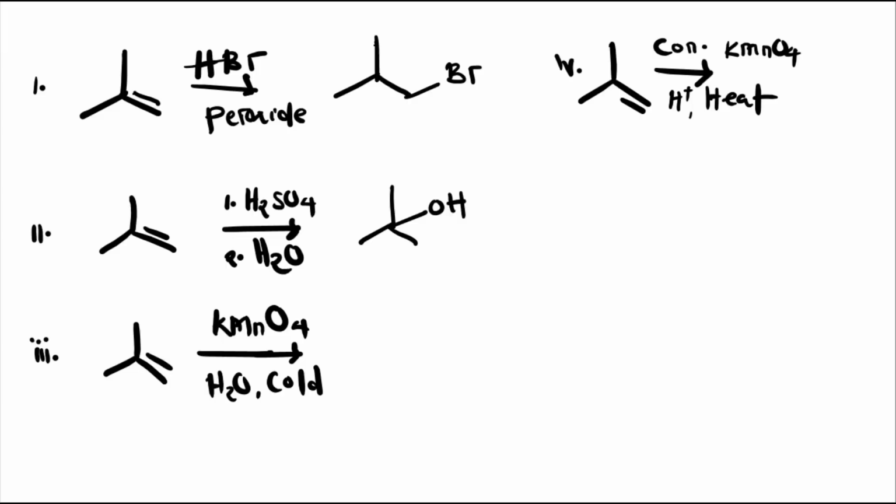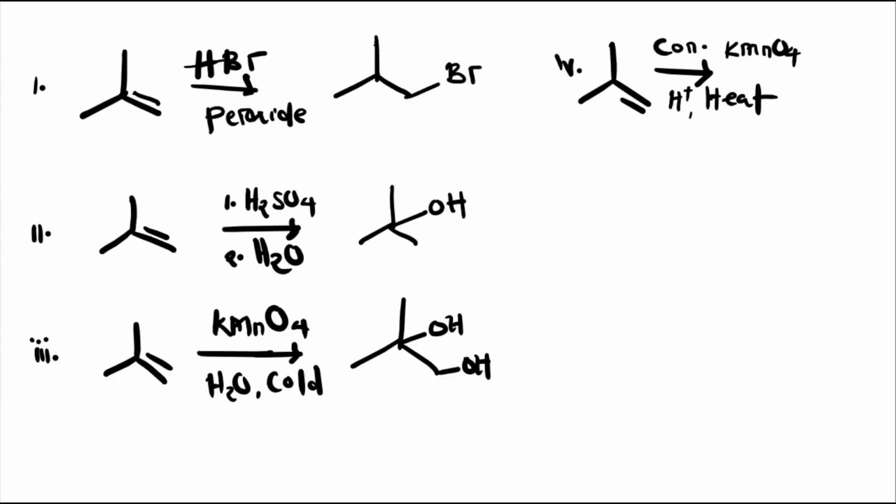And then when you react an alkene with potassium permanganate at very low temperatures, you're going to have a diol.